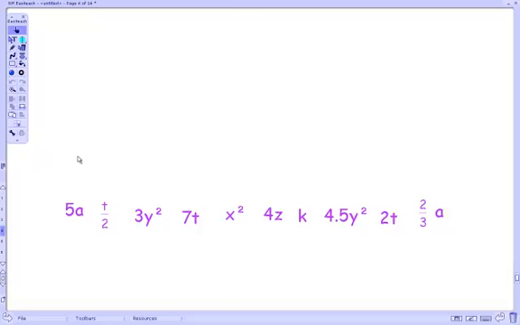If you guys could please write this down. We're going to move some like terms to the top left corner. Some things that go together. Please come up and move some stuff around for me. Is the 2 divided by 3 with the a or not? Yes, ma'am.